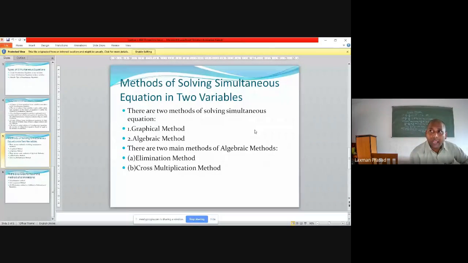So the moment you are having one value, you put this x or y value in equation 1 or 2. The moment you are putting the value of x or y in equation, you will get another value. Suppose if the x value is 3, while putting this in equation, you will get the value of y. If the value of y is suppose 2, the moment you are putting the value of y in equation, you will get the value of x.